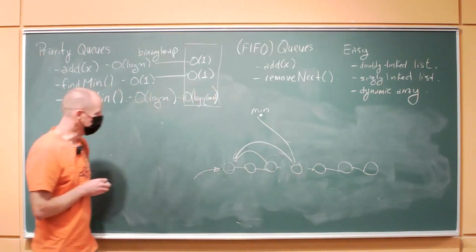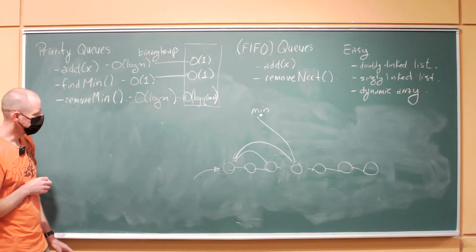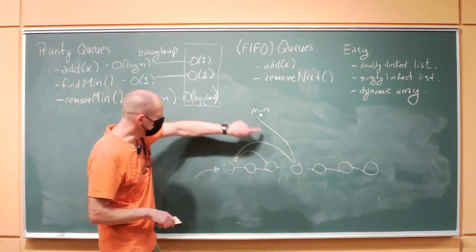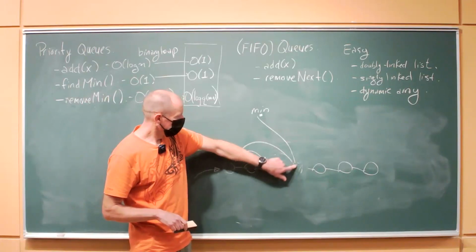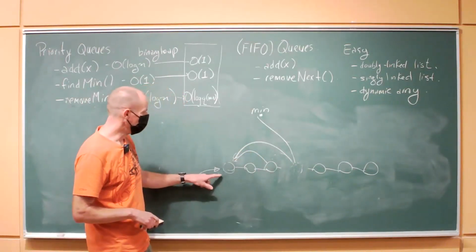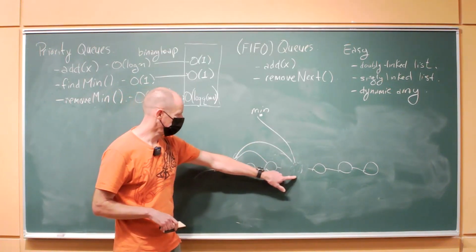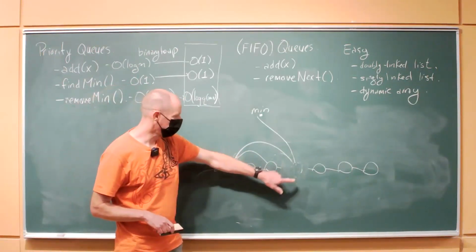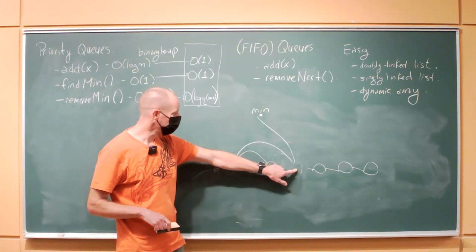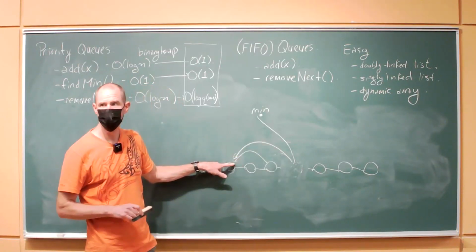And then if you do that just right, that means when I delete the min, I will know the smallest value in the front part, because this pointer that was stored here points to that smallest value.